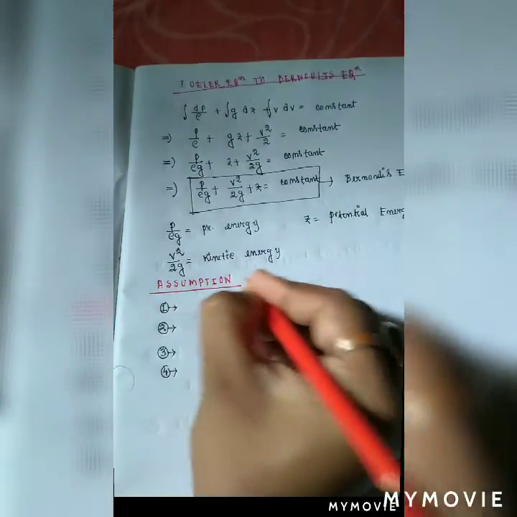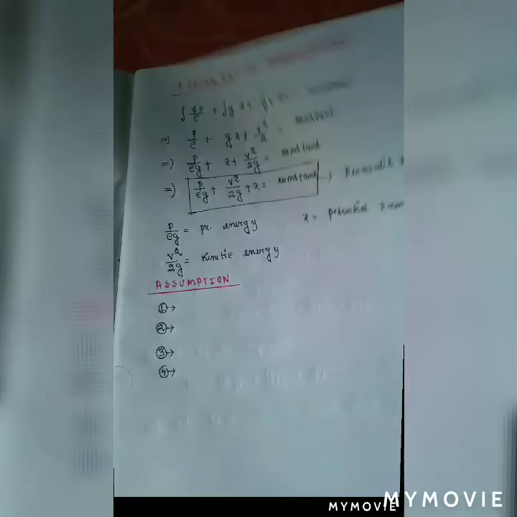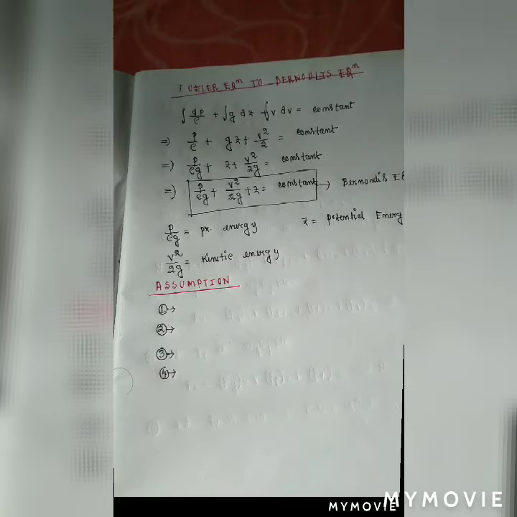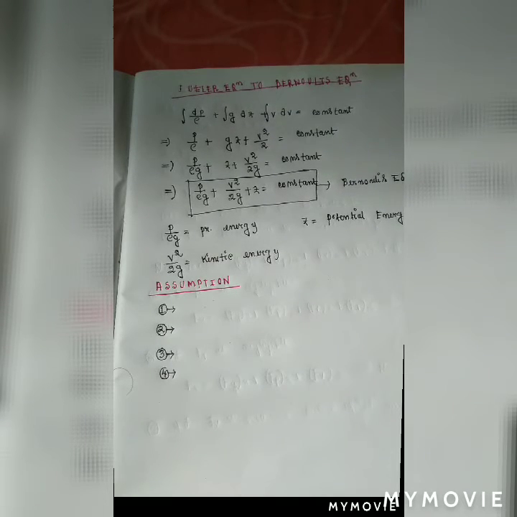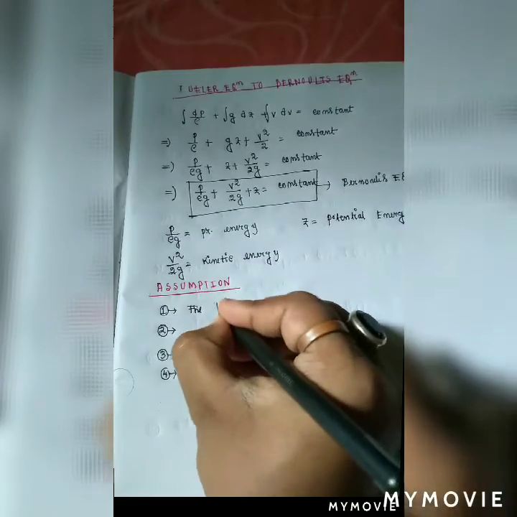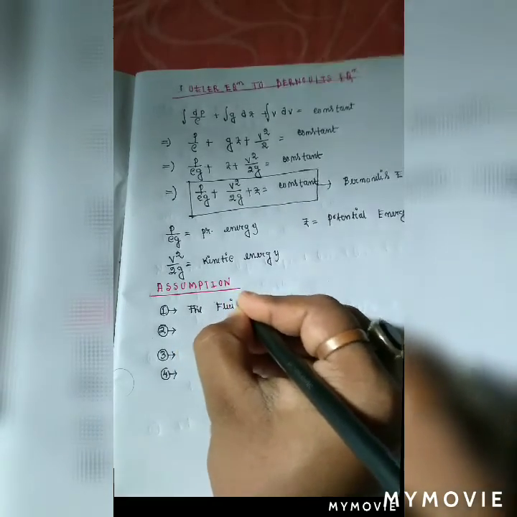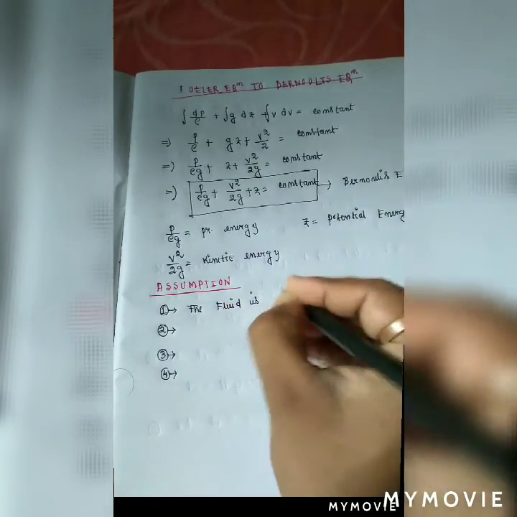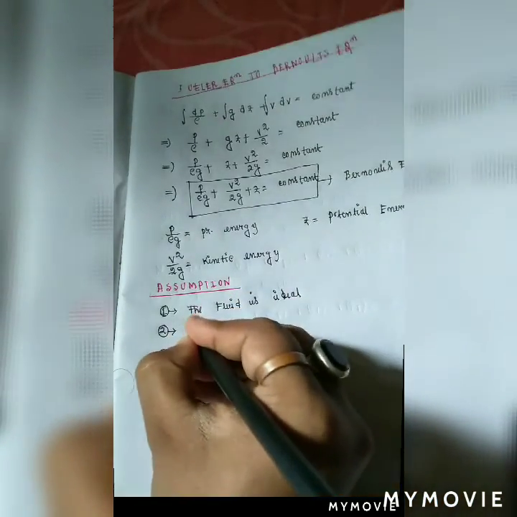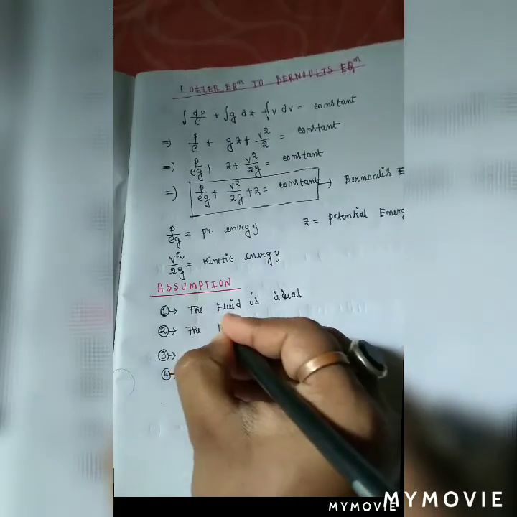Now what can we assume from this equation? There are four assumptions. The following are assumptions made in the derivation of Bernoulli's equation. Number one, the fluid is ideal. Number two, the flow is steady.